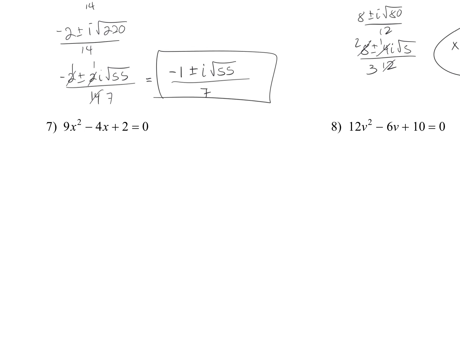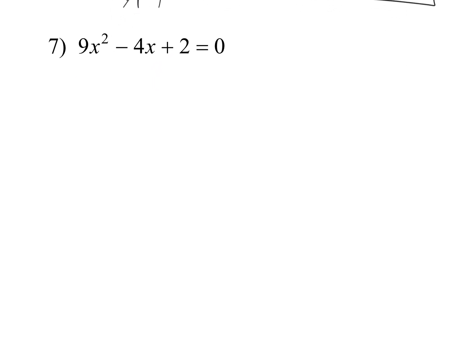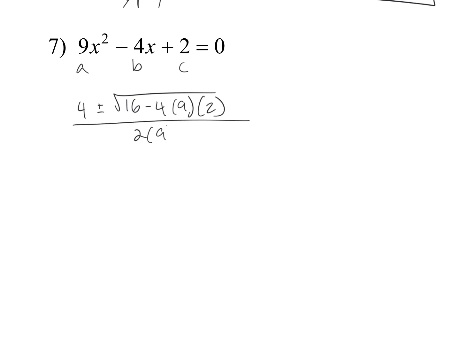Let's go to 7. So again, our A is 9, our B is -4, and our C is 2. So we're going to get -4 is going to be a +4 plus or minus the square root of B squared, so -4 squared is 16 minus 4 times 9 times C over 2 times 9.